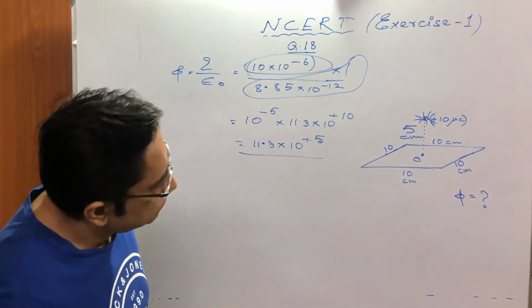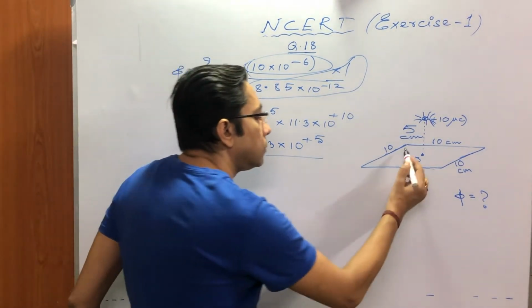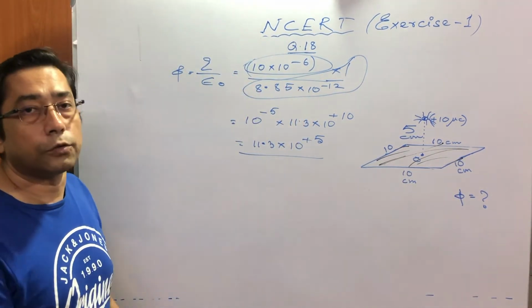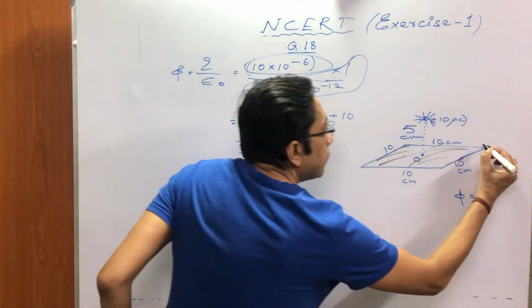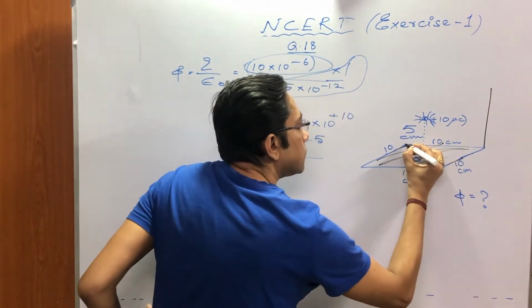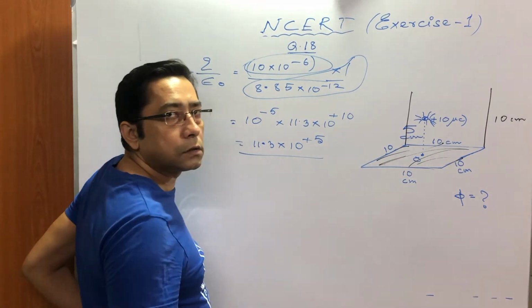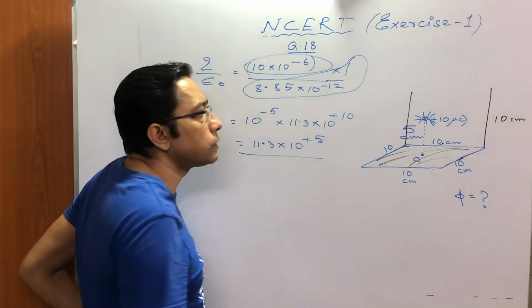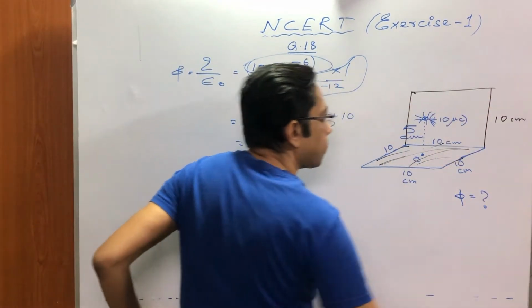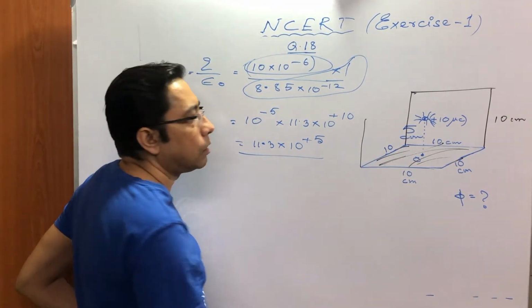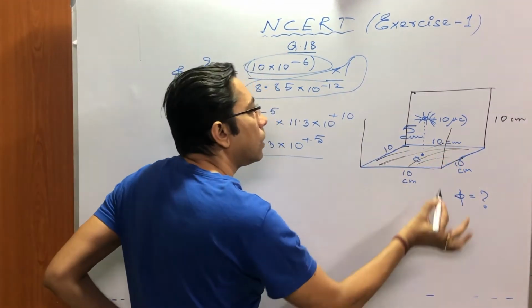Now, through this plate, what would be the flux passing through it? Let us do one thing. Draw this: 10 centimeter walls, big tall walls of 10 centimeter. From here also a 10 centimeter wall, here also a 10 centimeter wall.